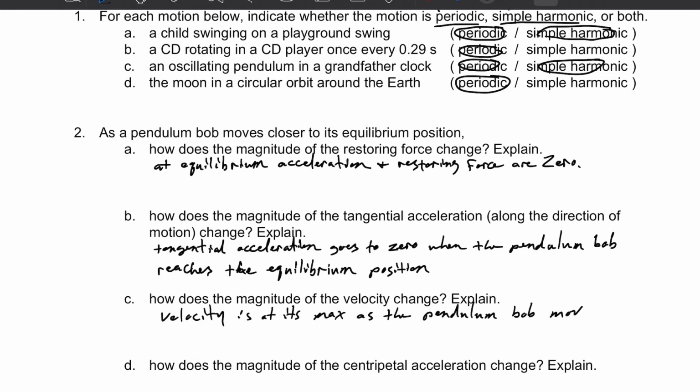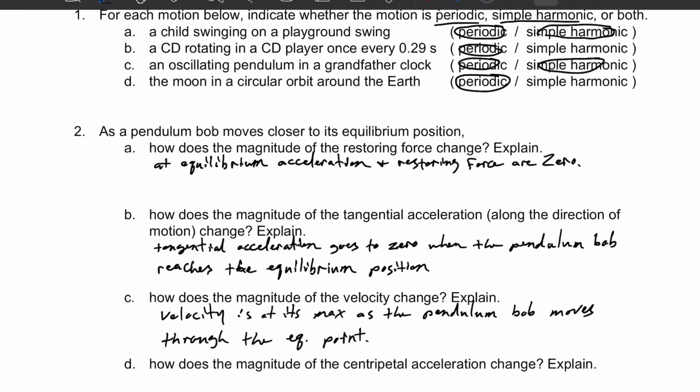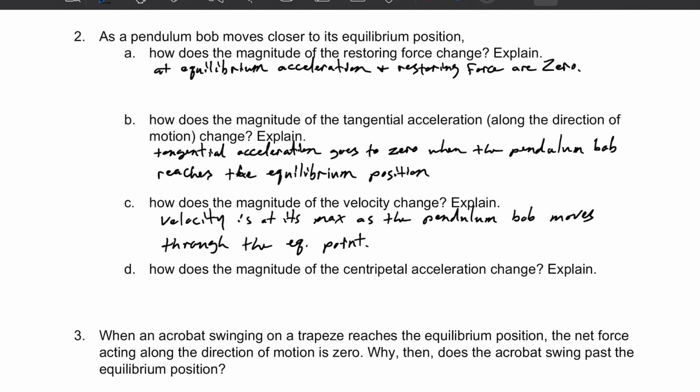As soon as you pass equilibrium, acceleration changes direction and starts to slow you down. So you will continue to speed up until you reach equilibrium. As you pass equilibrium, you'll slow down. So velocity is at its max as the pendulum bob moves through the equilibrium point. As you approach it, you're speeding up.